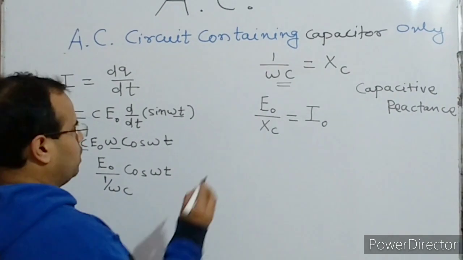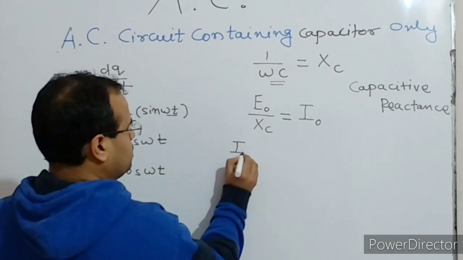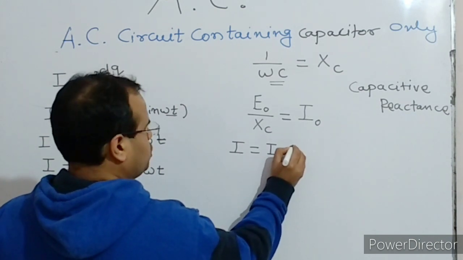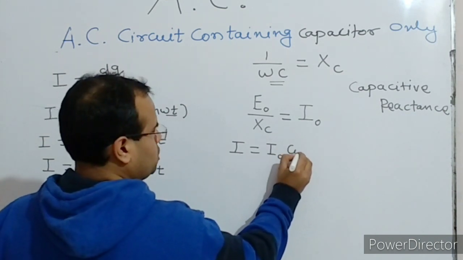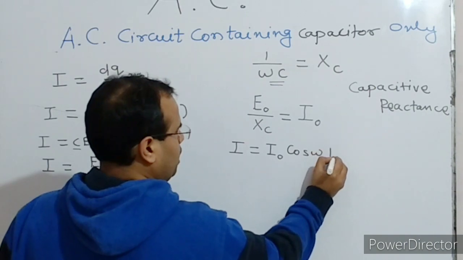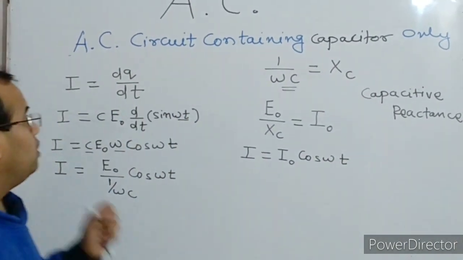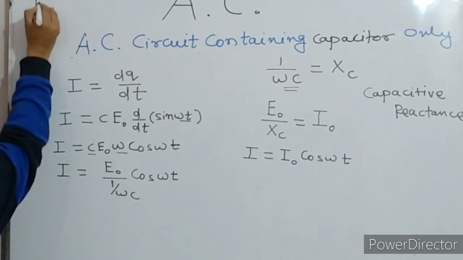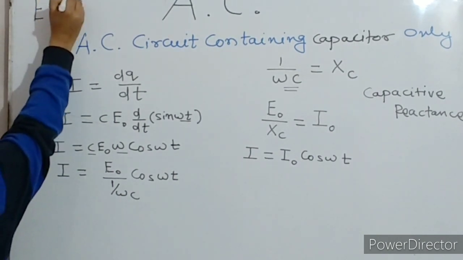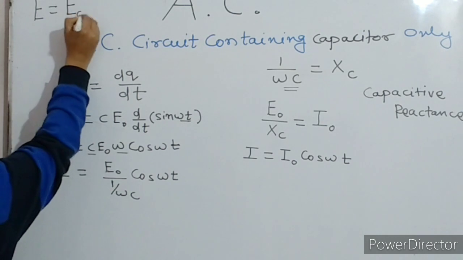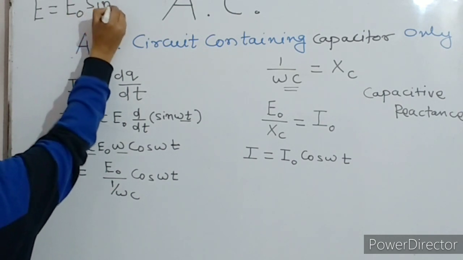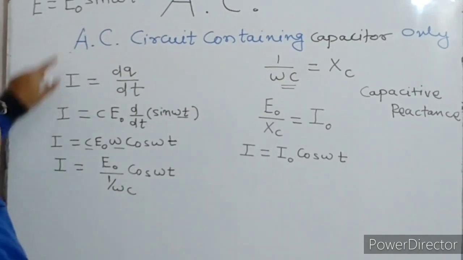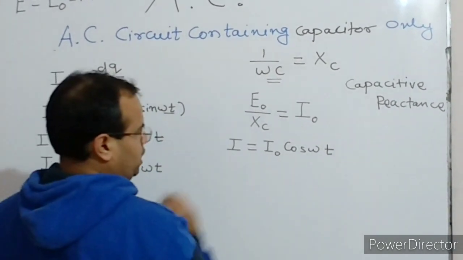So here you can write I is equal to I naught cos omega t. We always know the expression for E is E equals E naught sin omega t, so we need to convert this cos into sine.